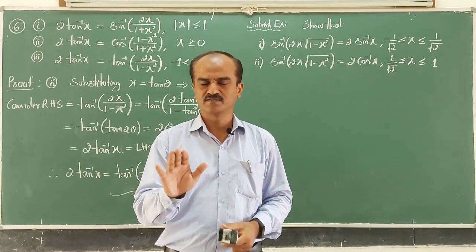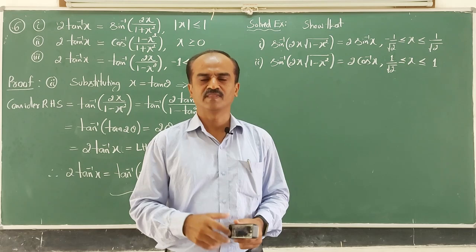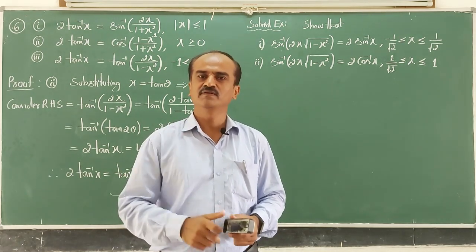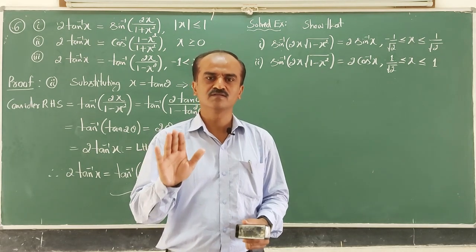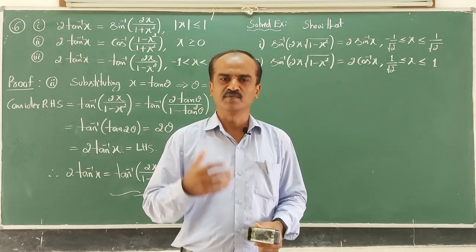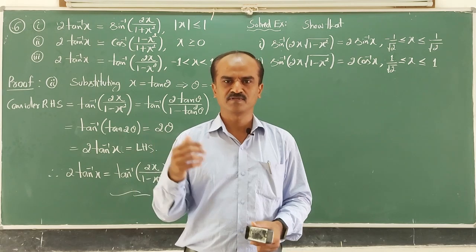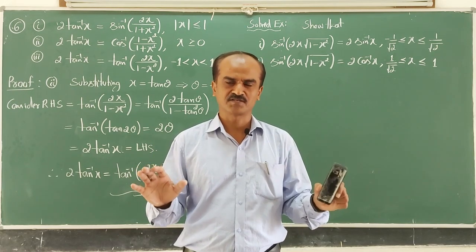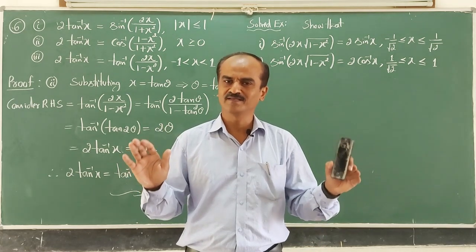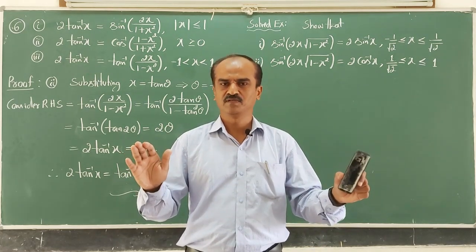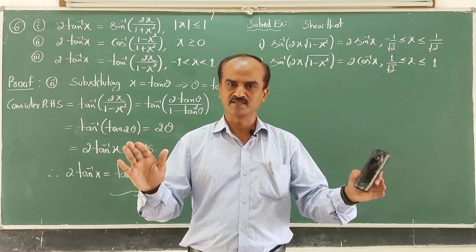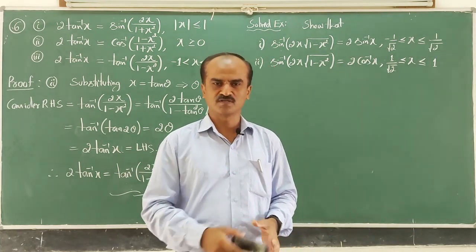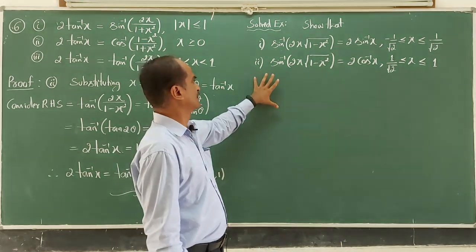Before that, I will solve the examples given in the textbook prior to exercise 2.2, which are the solved examples. Let me first explain all those solved examples. My suggestion is you should try exercise 2.2. Definitely you will be able to complete it. Be confident. Now let us move on to answering the questions which are solved in the textbook.